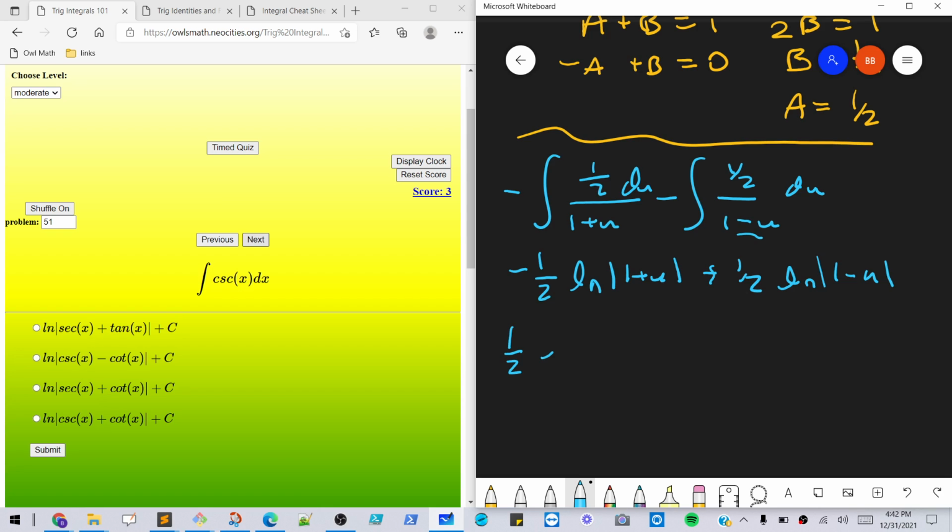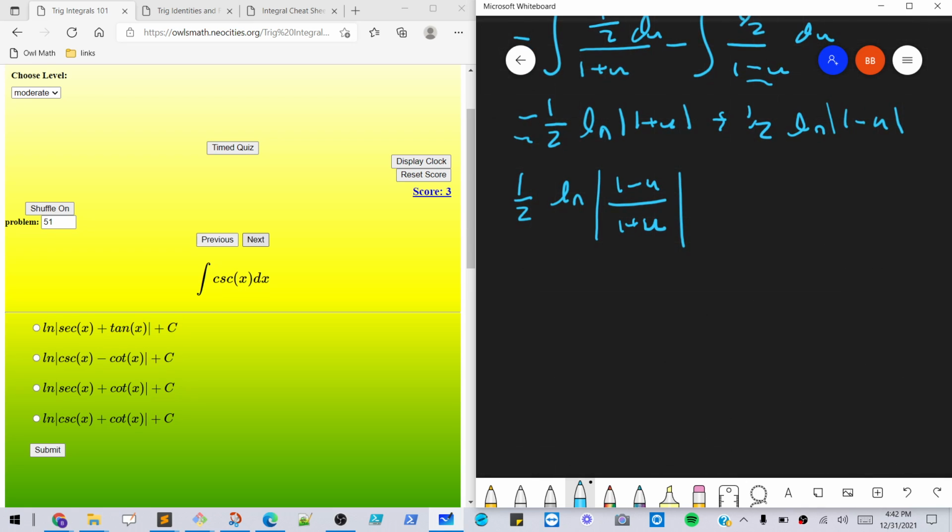Using the rules of logarithms, we can write this. This is a negative sign here, so this can go on the bottom. It's just this property, a formula that we can use to simplify.